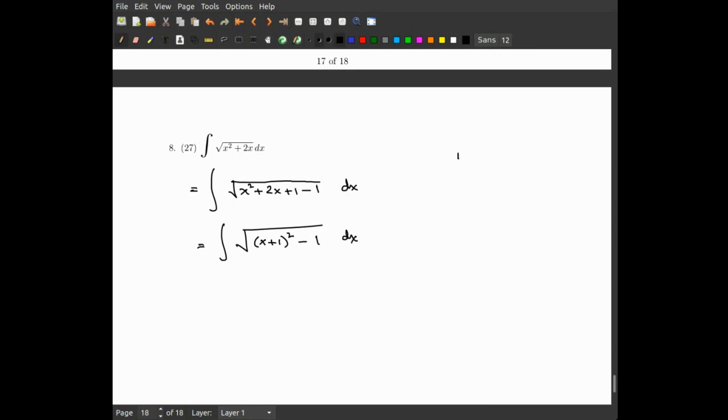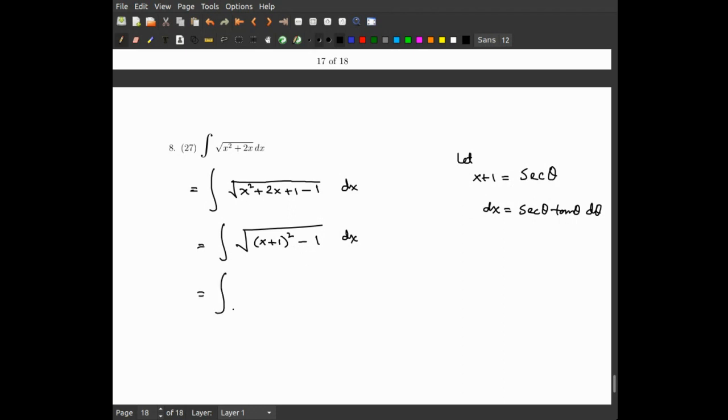Now take this x plus 1 and think about this one as just x. Since this is x square minus a square idea, this one has to be secant theta. So x plus 1 equals secant theta. What is dx? Our dx is secant theta tan theta d theta.